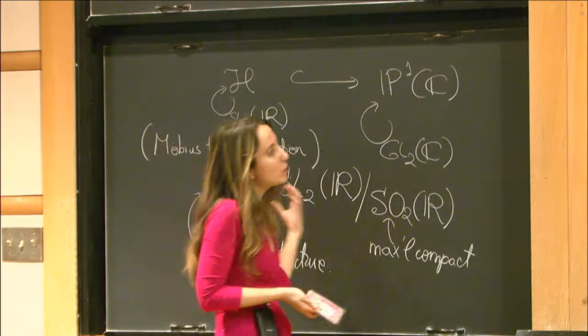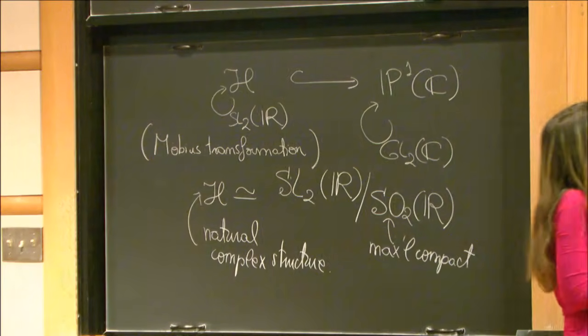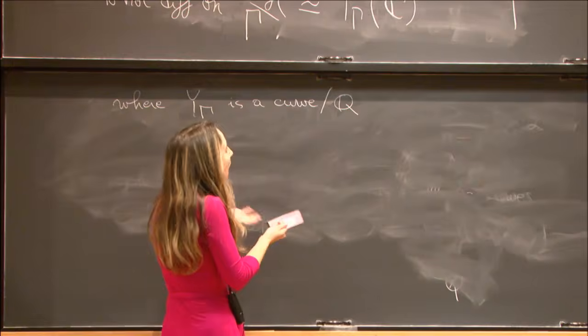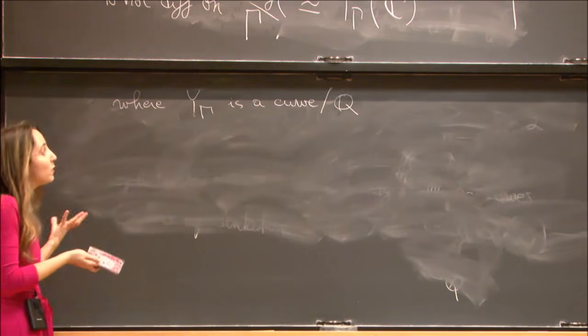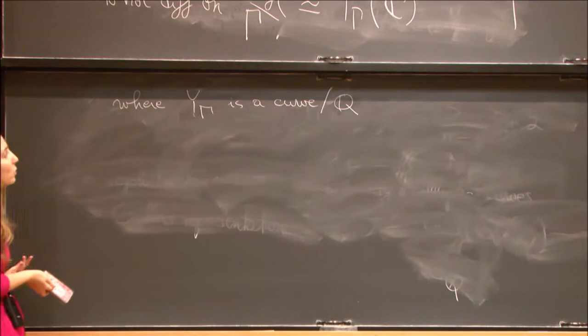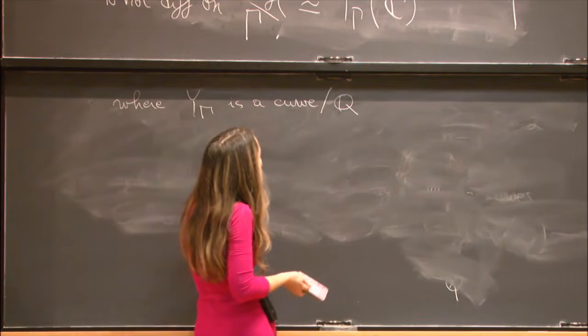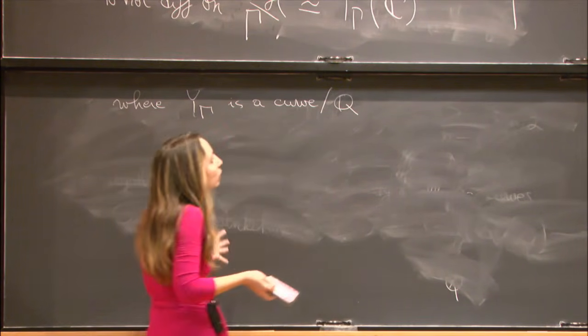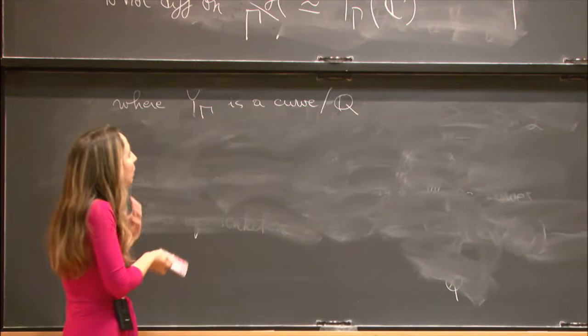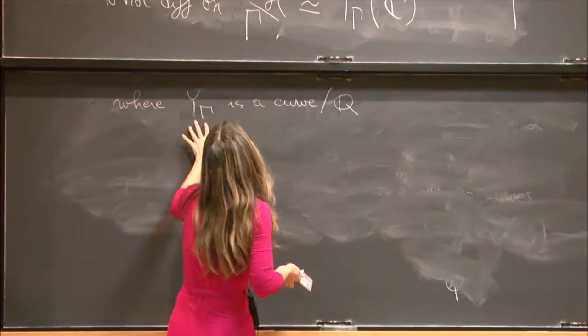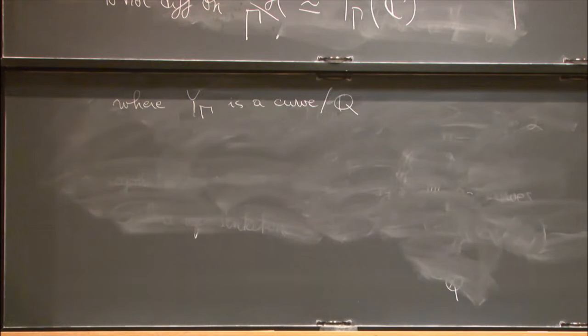And then it turns out that you can interpret the quotients of H by Gamma as moduli of elliptic curves over C, possibly equipped with extra structures. And so you can define the moduli problem of elliptic curves with extra structures over Q, and that's how you can show that it actually comes from a curve defined over Q.